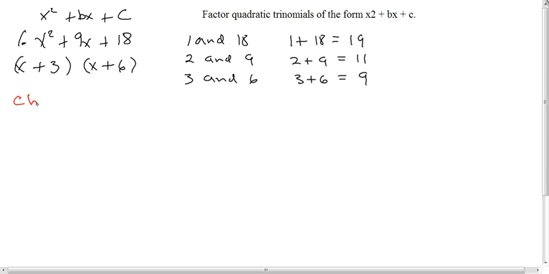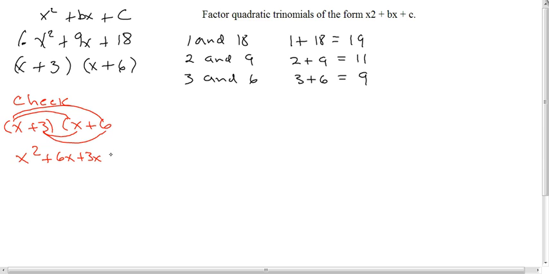So let's go with check at the bottom here. x plus 3 times x plus 6: x times x is going to give us x squared. x times 6 is plus 6x. 3 times x is plus 3x, and of course 3 times 6 is plus 18.